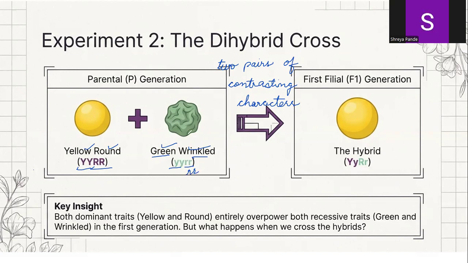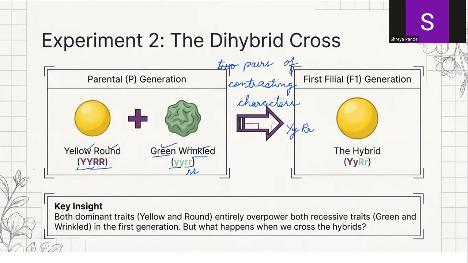Now the hybrid that is produced here is capital Y, small y, capital R, small r. This is the hybrid.